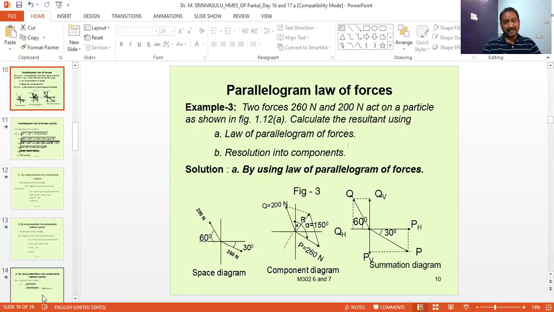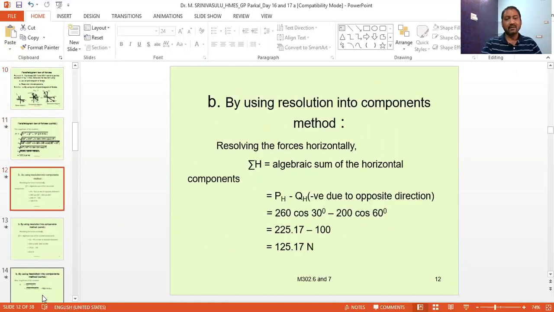So PH is positive. Whereas for the force Q, the cos theta in second quadrant is negative. Therefore, QH is negative, and that value is equal to 200 into cos 60. So 200 into cos 60 is the component.